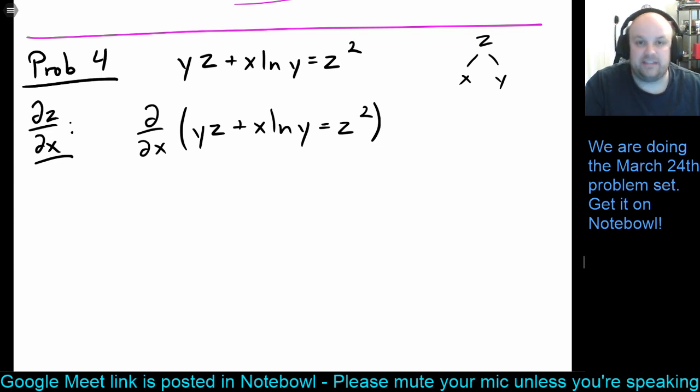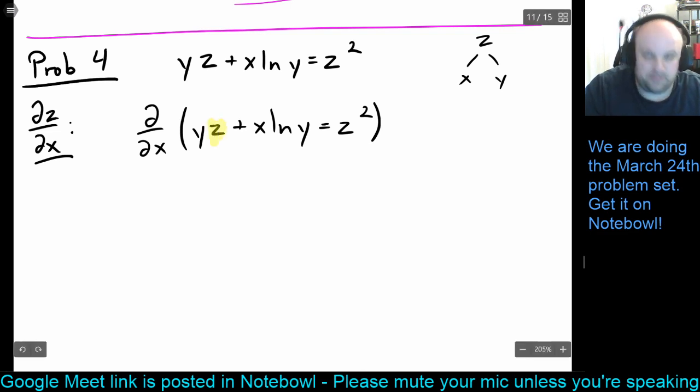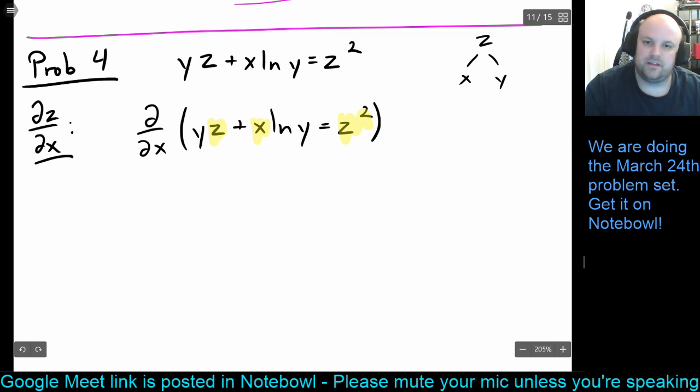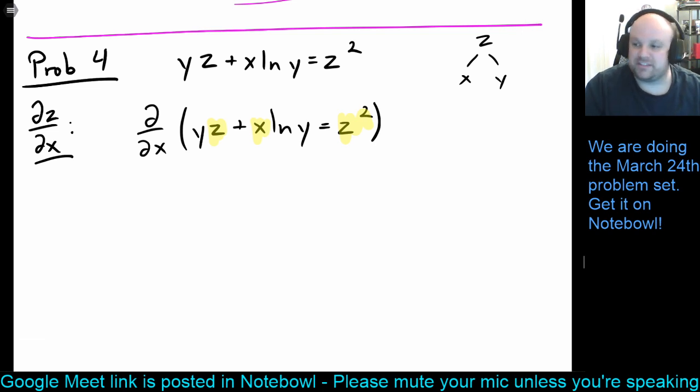It's all the parts that have any dependence on x. So this has dependence on x. This has dependence on x, kind of obviously. And this does. Everything else, basically anything with y's or actual constants, is treated as a constant.